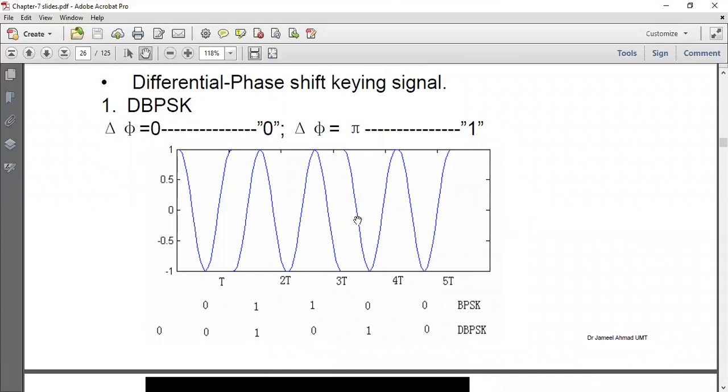In each case, this signal is for bit 0, this is for 1, this is again for 1, 0, again 1. So if the bits are shown here as 0, 1, 1, 0, 0, this is BPSK.